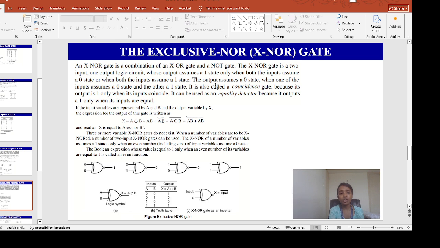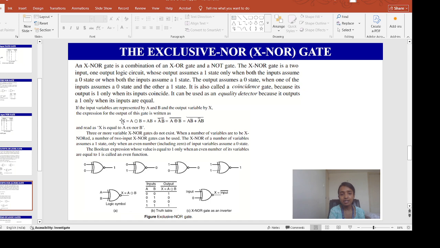The output assumes a 0 state when one of the inputs assumes a 0 state and the other a 1 state. It is also called a coincidence gate because its output is 1 only when its inputs coincide. It can be used as an equality detector because its output is 1 only when its inputs are equal.